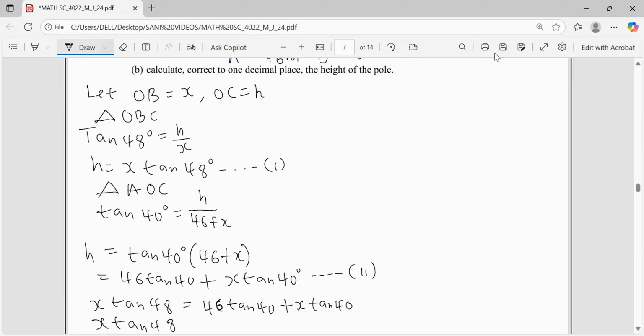So bring this one here: X tan 48 minus X tan 40 equals 46 tan 40 degrees.